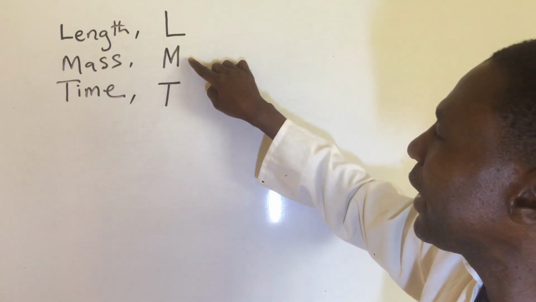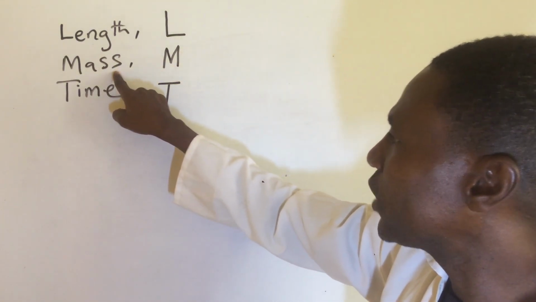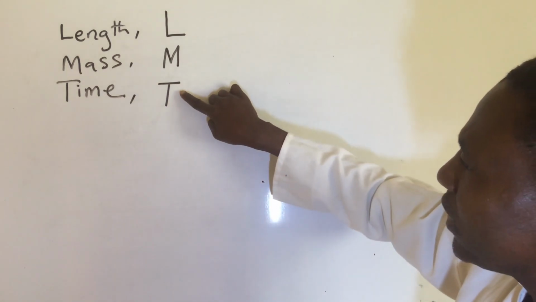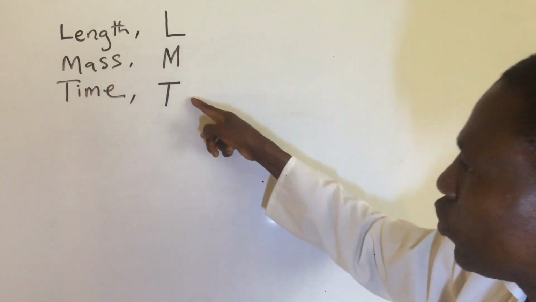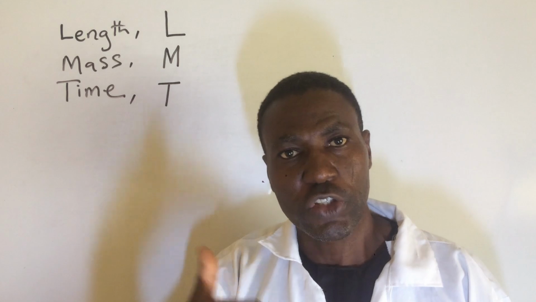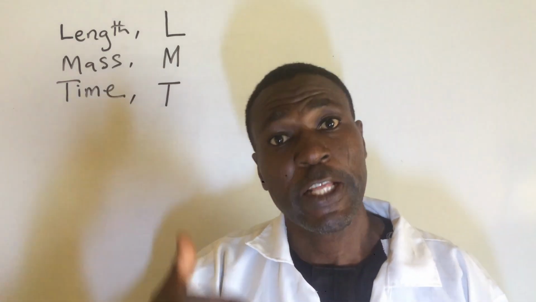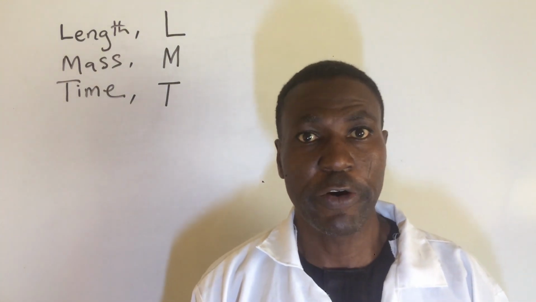We will use uppercase letter M to represent mass, and we use uppercase letter T to represent time. So this is what we use in this study of dimension of physical quantities. Let's go to the board, all right?